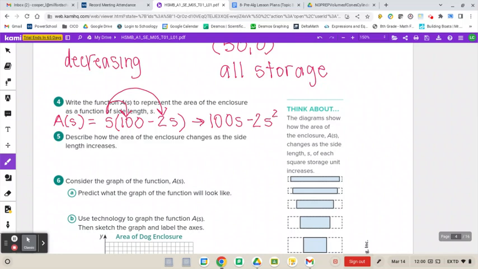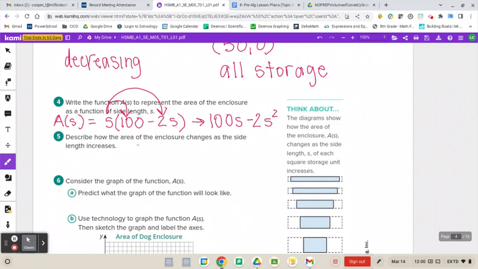Is there anyone that doesn't understand how I got the 2S squared? That's an S, not a 5, by the way. Oh, it's because of S times 2S. S times S is S squared. Okay? That's all the S. Everybody good? Yeah.